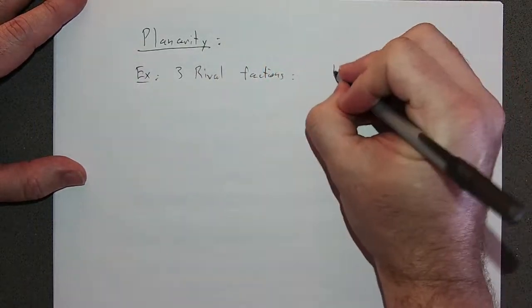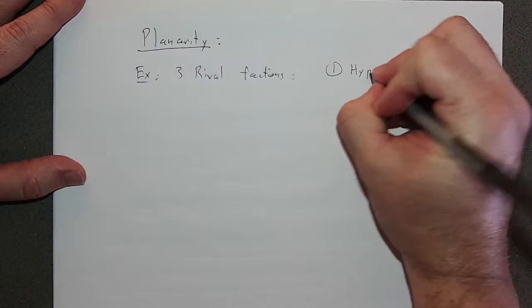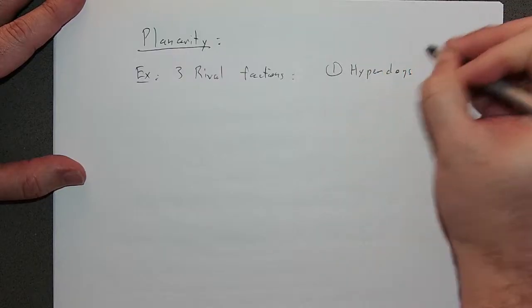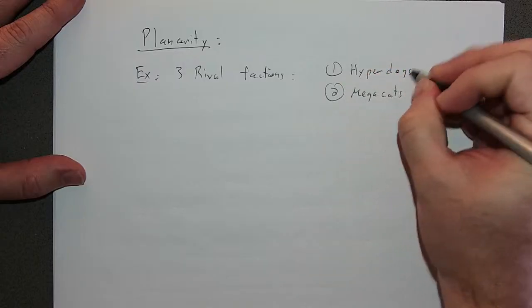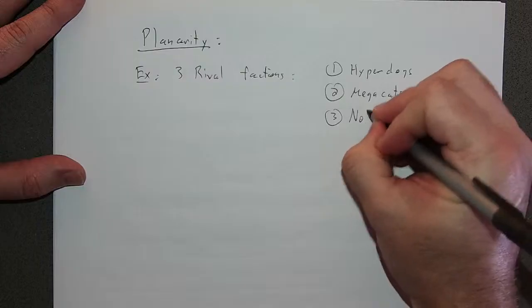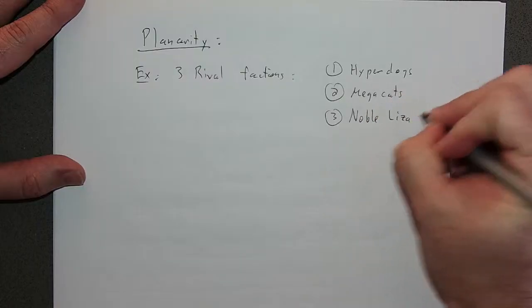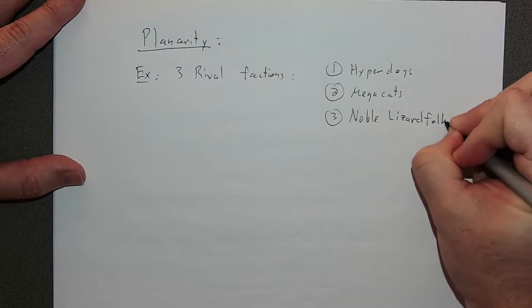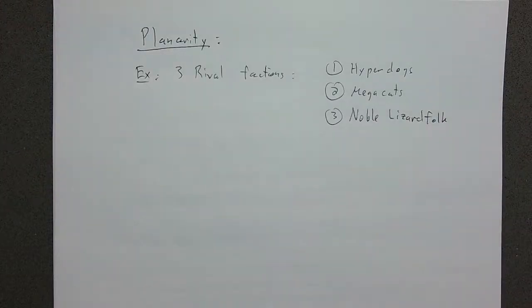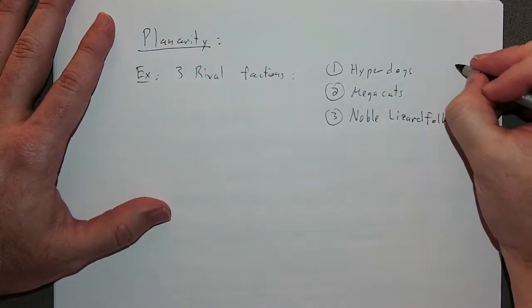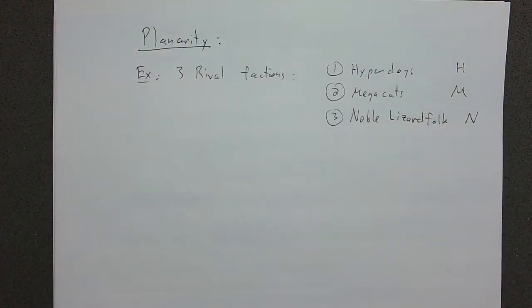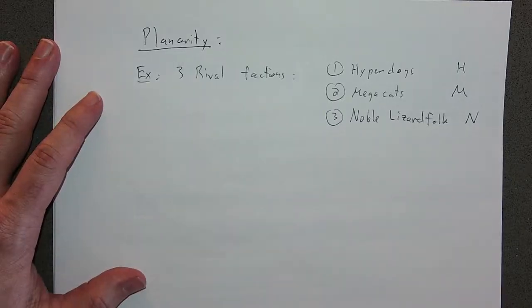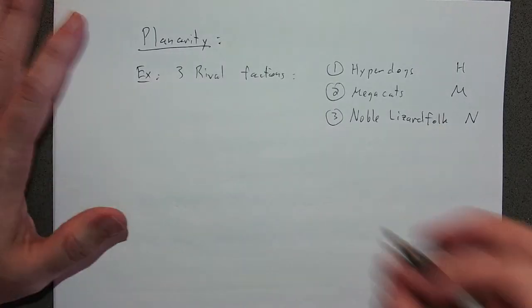We'll say there's the hyperdogs, the megacats, and the noble lizard folk. I will denote these as H, M, and N. These are rival factions. They inhabit the same city.